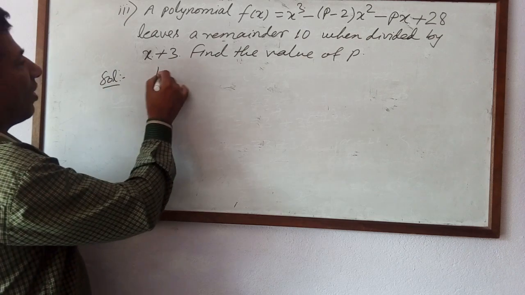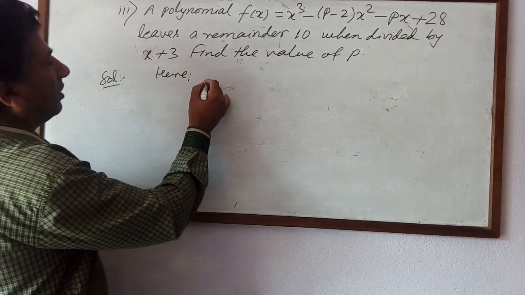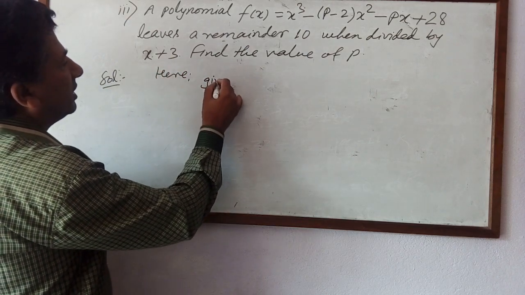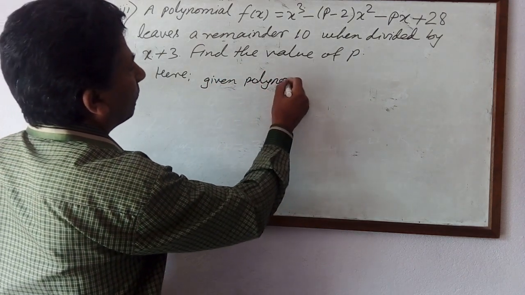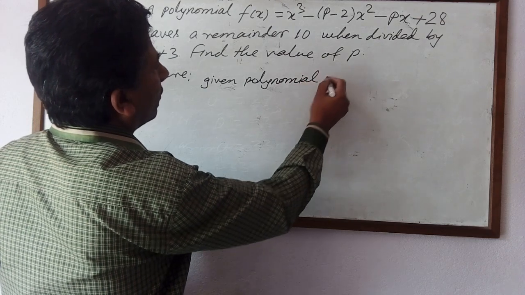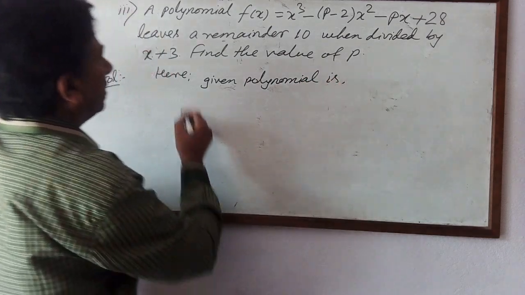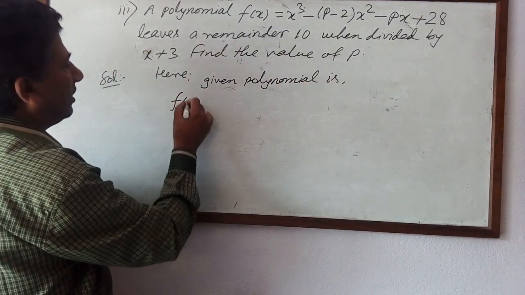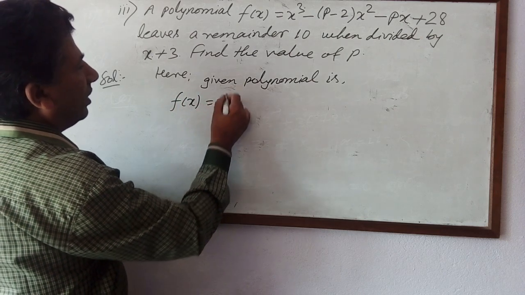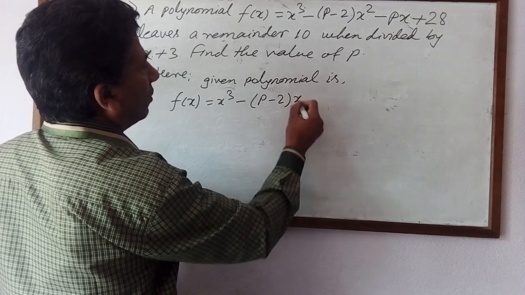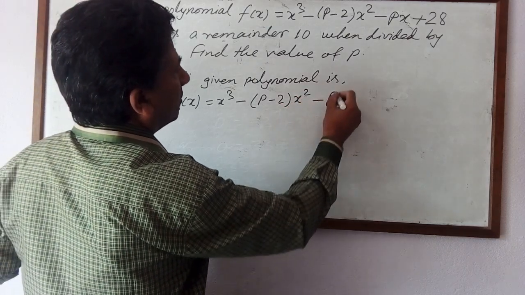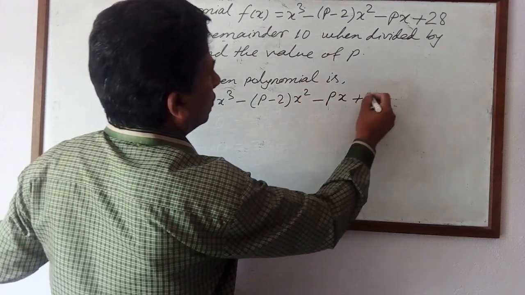Okay, here the given polynomial is f(x) equals x cube minus (p minus 2) x square minus px plus 20.